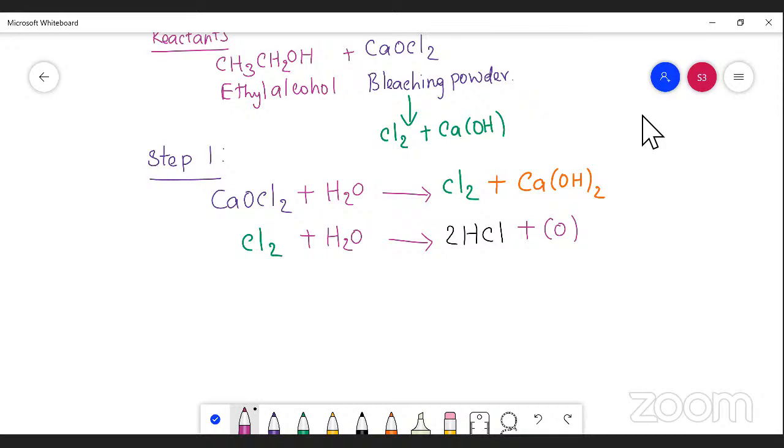Now we may take step 2. So bleaching powder on hydrolysis gives chlorine and calcium hydroxide, and chlorine on further hydrolysis produces nascent oxygen. That is step 1. Now step 2, what will happen when there is ethyl alcohol?